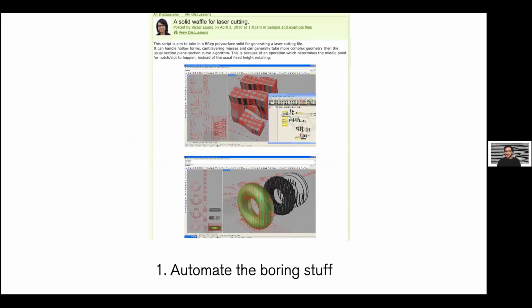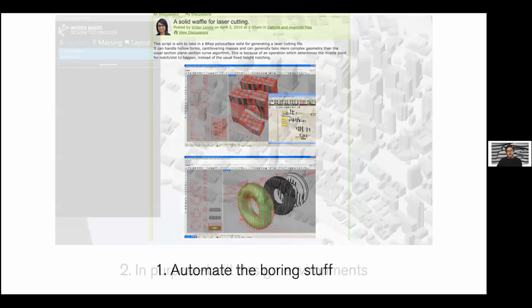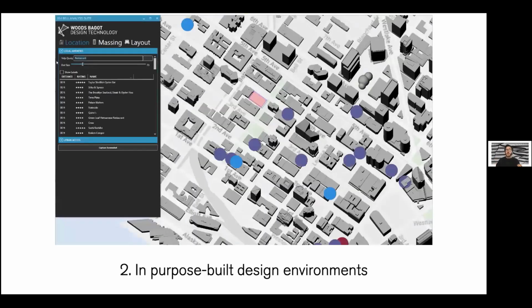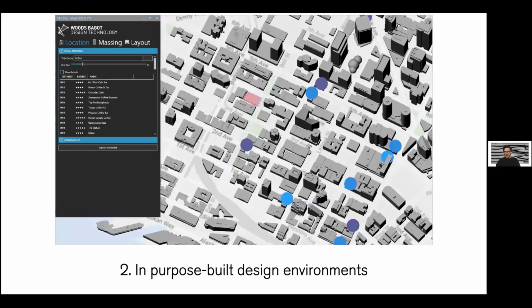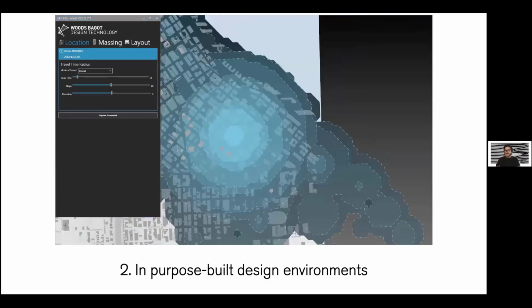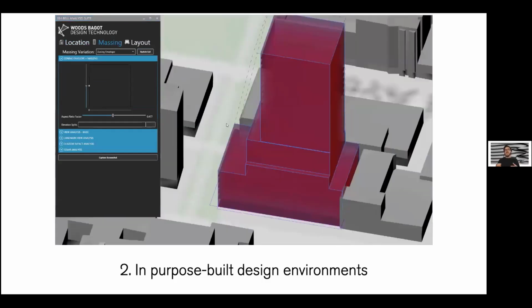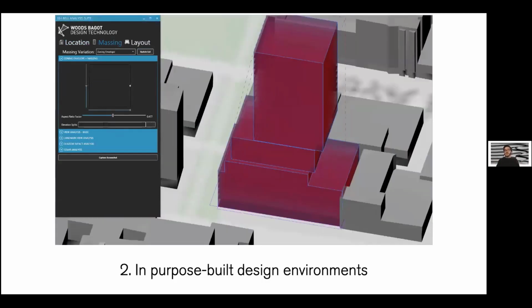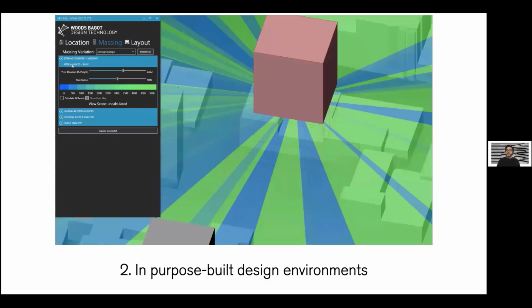Nobody wants to do the same thing over and over and over again. We also want to do this in purpose-built design environments that encode the problem constraints and the project goals that we're trying to solve. We want our tools to help us solve the problem. We want tools that represent more knowledge about the problem itself and actually contribute in some way to the solving of that problem.